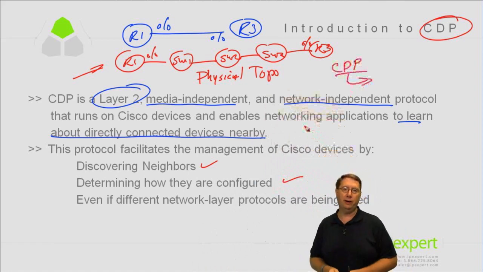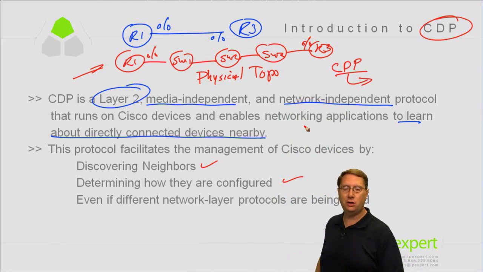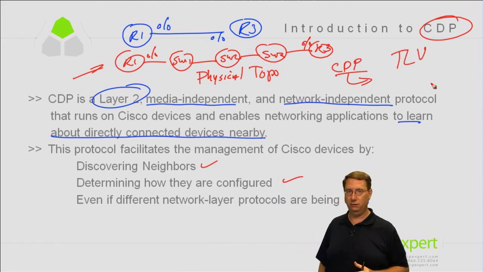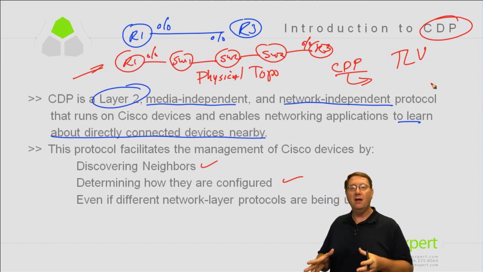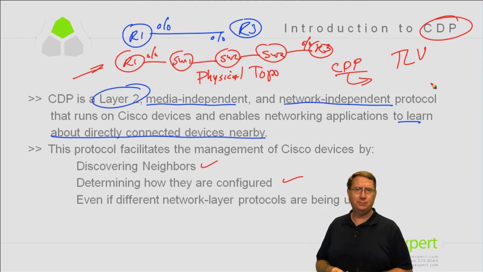All of that is incorporated because CDP is optimized to operate using something called a TLV, a type length value. TLVs give us the ability to construct a protocol that can be modified to support different information.